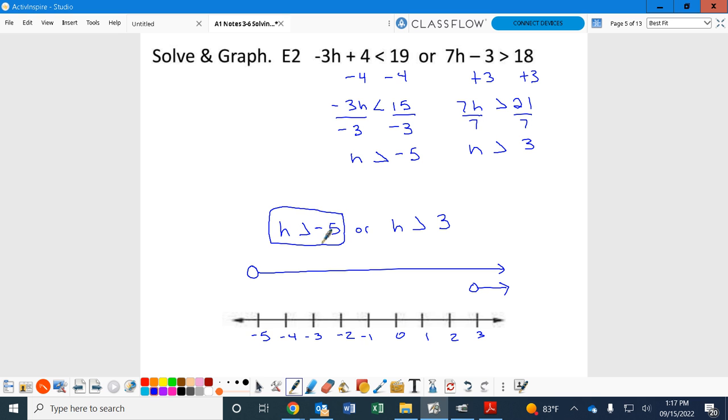This is your answer to the problem, that h is going to be greater than negative 5, because that's the only thing you're going to write down on your graph. As long as it is an answer for one of them, it's going to be an answer for both of them. So when you bring it down on your graph, you're going to have that open dot on the negative 5, and you're going to shade everything to the right-hand side. Take a minute and do that.